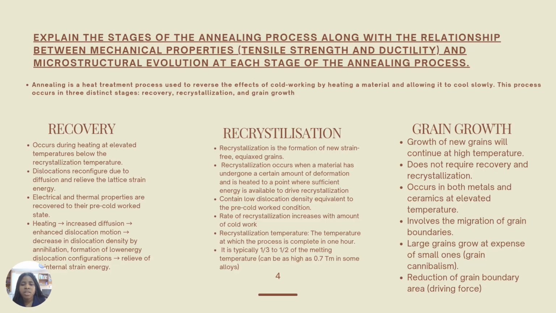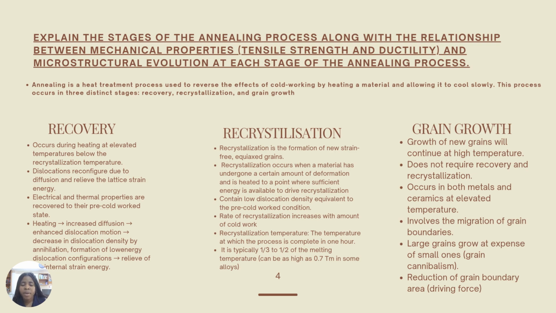The third one is grain growth. Here the new grains continue to grow at high temperatures, and it does not require recovery or recrystallization. This means if our material was not deformed and we apply heat, its grains will grow. It occurs in both metals and ceramics at elevated temperatures.